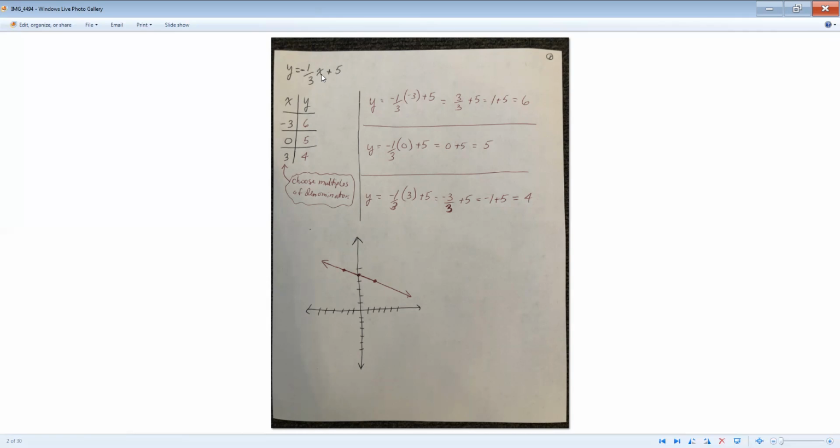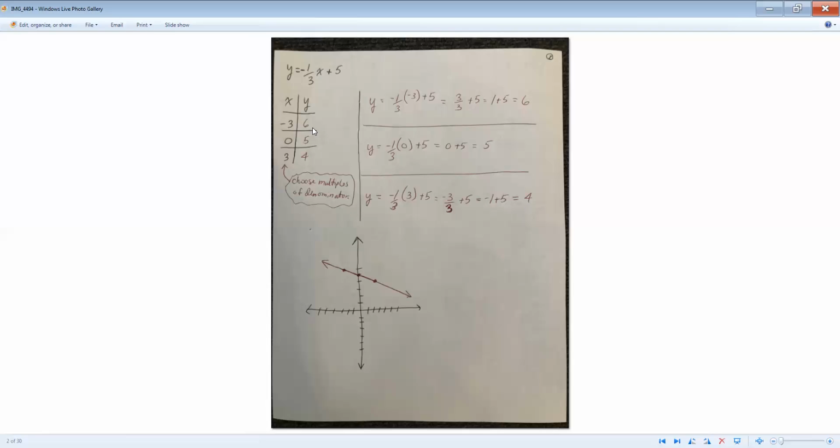So if I were to plug in -3 for x, -1/3 times -3 would be +3/3, which will reduce into 1. Then 1 plus 5 is 6. Plugging in 0, -1/3 times 0 is 0, so 0 plus 5 is 5. Then -1/3 times 3: if you plug in 3, it will give you -3/3 plus 5, which would be -1 plus 5, and that's 4.